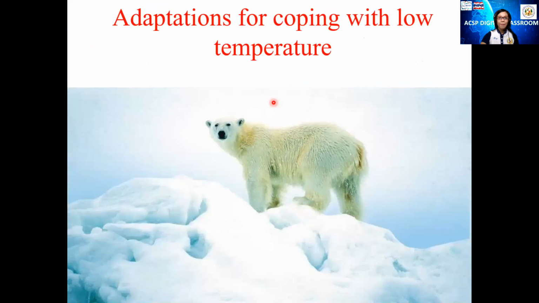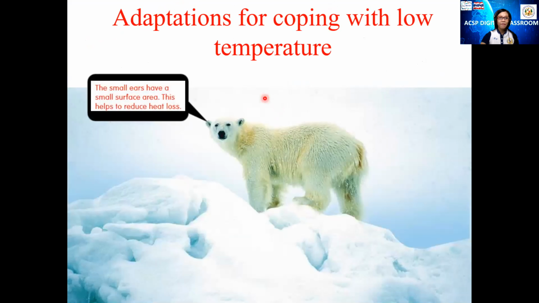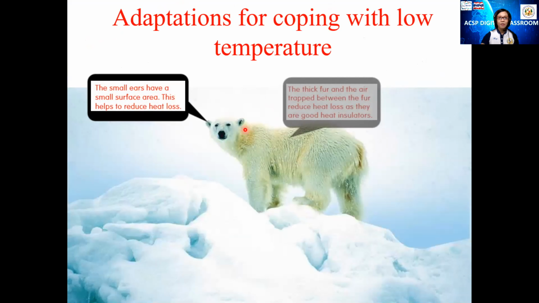For example, how does the polar bear cope with low temperature? Why can they survive in the snow during winter? Because they have small ears. This helps to reduce heat loss. And they have thick fur. Why? Because it traps the air between the fur to reduce heat loss. This is a good heat insulator.